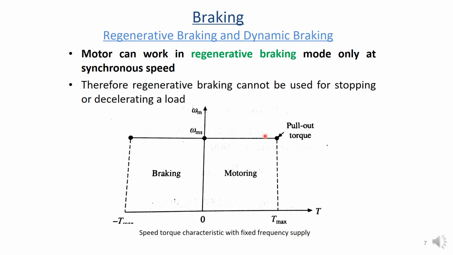This is the maximum torque during motoring, and this is the maximum negative torque during braking. The meaning is that the motor can work in regenerative braking mode only at the synchronous speed. At any other speed, it will not work. Therefore, regenerative braking cannot be used for stopping or decelerating the load.